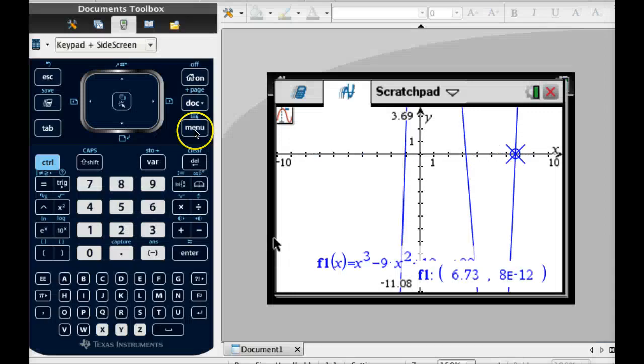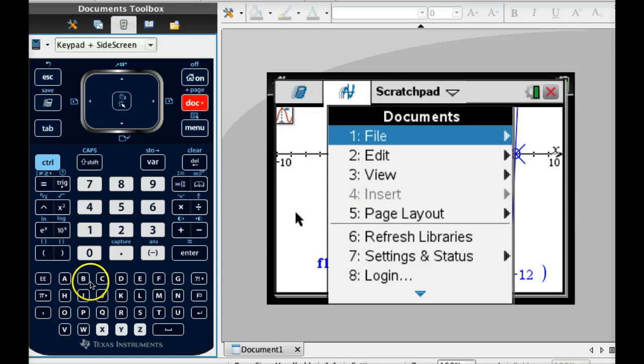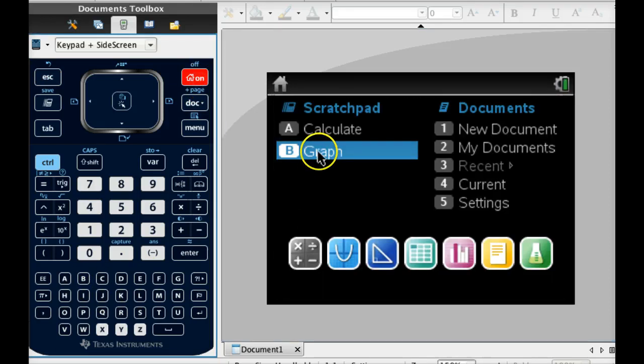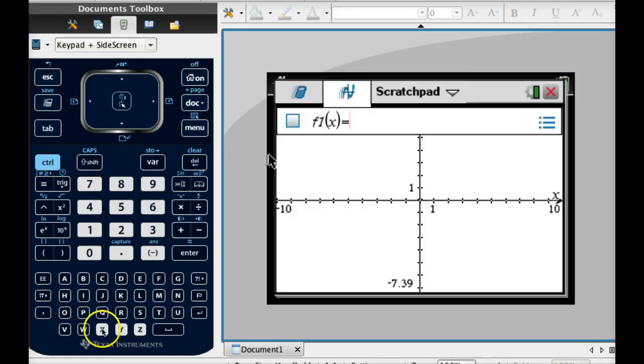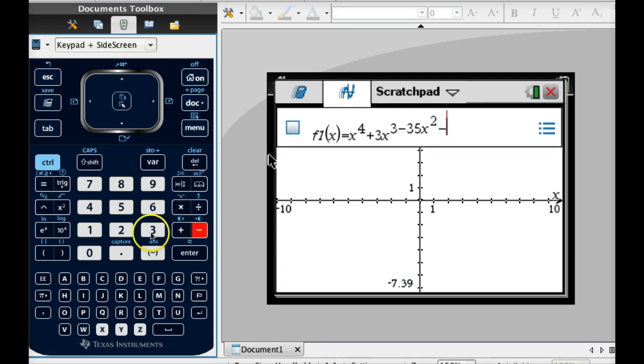Let's graph this. So I got my calculator. I'm going to go ahead, document B, clear everything out. Back to my graph. X to the 4th. Don't forget to come out. X to the 3rd, minus 35x squared, minus 39x.